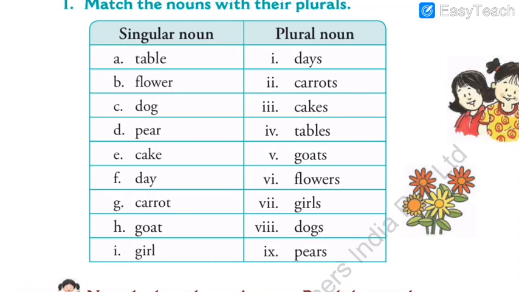Again, singular and plural. If there is one column, we say column. If there are 2 columns, we need to add s at the end of the word column, so columns. The heading of the first column is singular noun, the second one is plural noun. We need to match the singular noun with its plural noun.